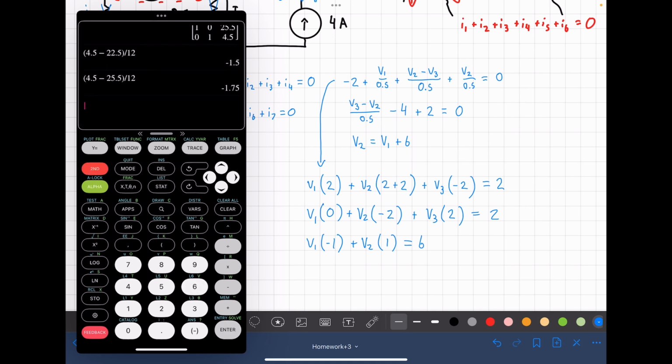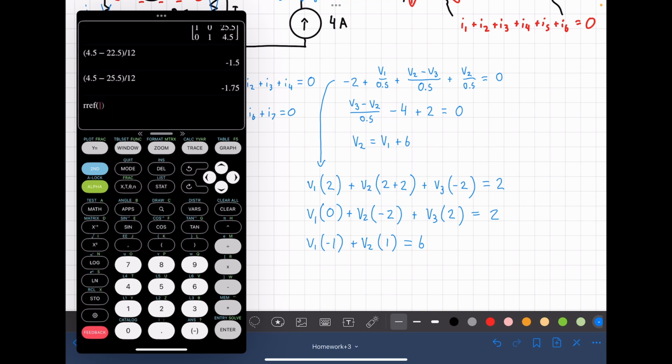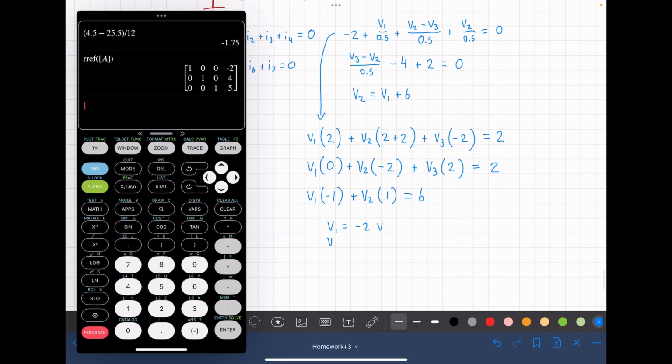Alrighty. I'm going to go to math. Our rref is reduced row echelon form. Here we go. V1 is equal to negative 2. V2 is equal to 4. And V3 is equal to 5.